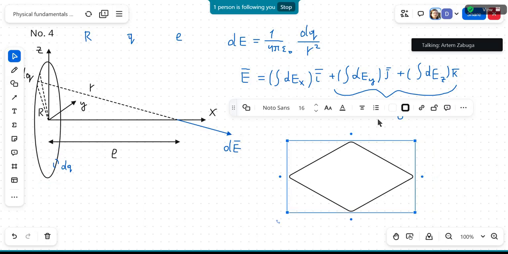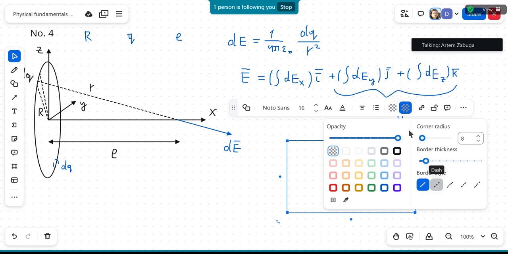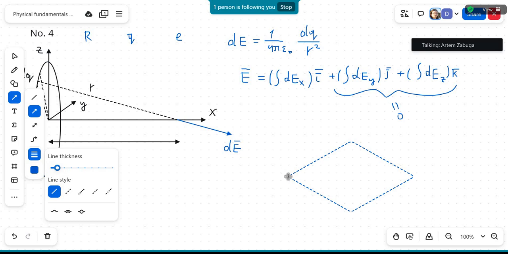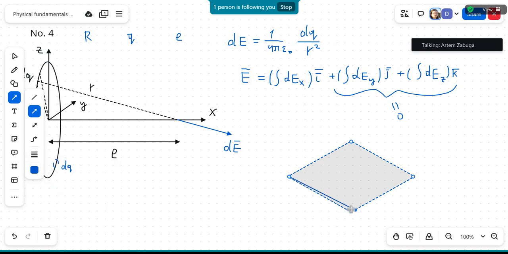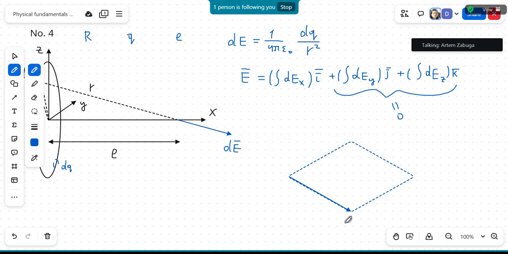I'll draw a schematic picture to show this fact. So the first element dq will produce electrostatic field dE.